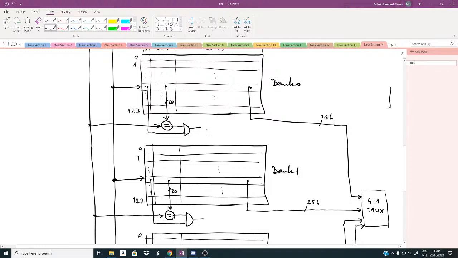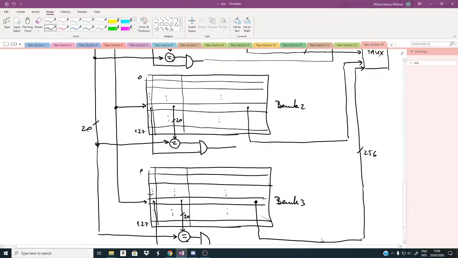Now, these bits are going here as selection bits, as well as here, right? That's one bit, a selection bit.